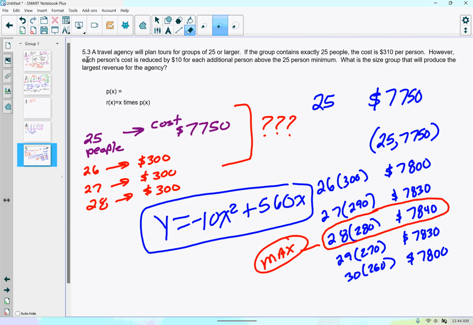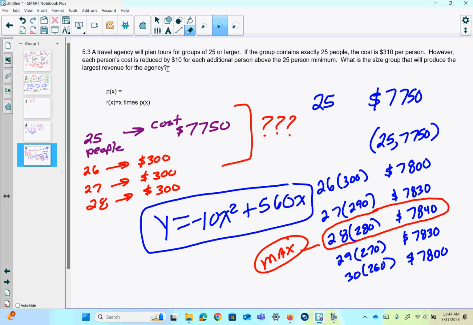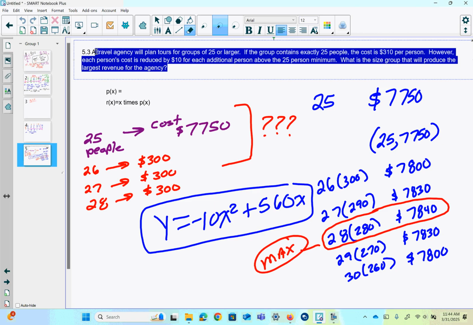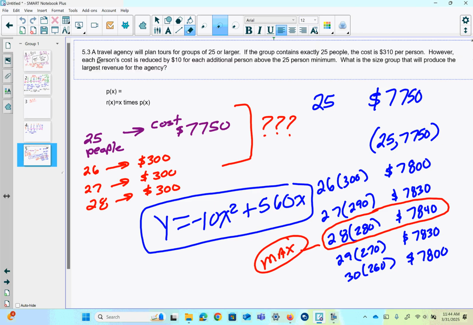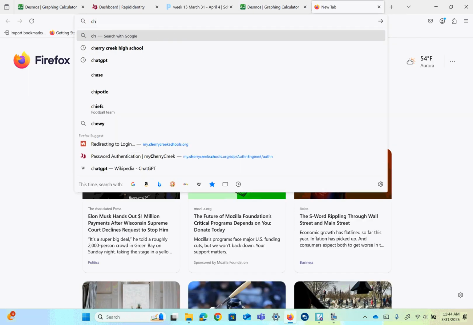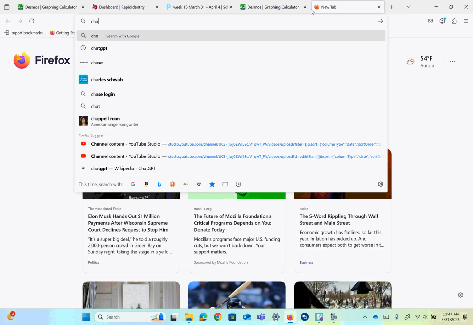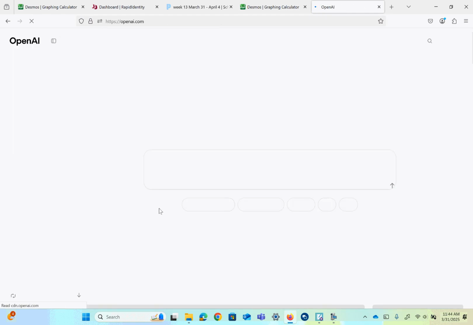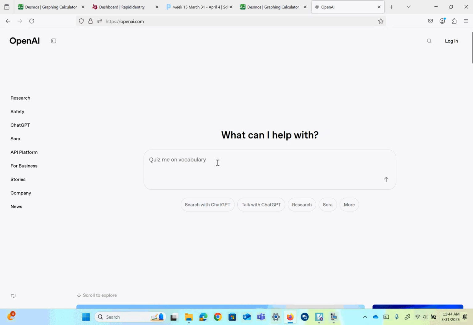So I'm going to just copy this whole question. I don't need the 5.3. Copy it. And I'm going to plug it into our favorite ChatGPT. And let's see what it means.